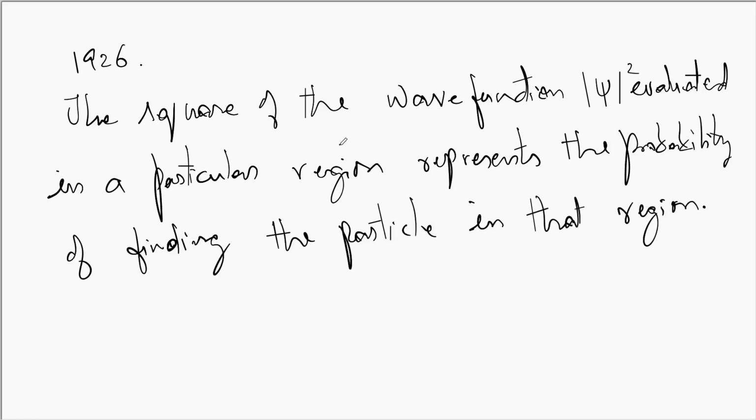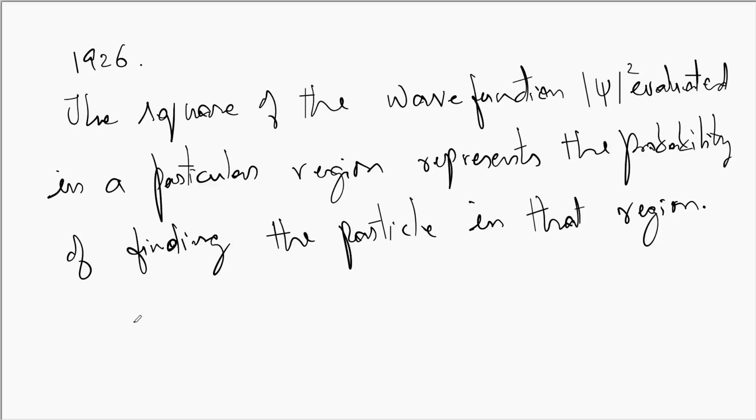This kind of an interpretation of the wave function has a direct relation with the Heisenberg uncertainty principle. We know that in the Heisenberg uncertainty principle, we have said that for each measurement there is going to be a certain amount of uncertainty. So the value that we get is a statistical value. Max Born states that the square of the wave function, psi square, evaluated in a particular region represents the probability of finding the particle in that region.